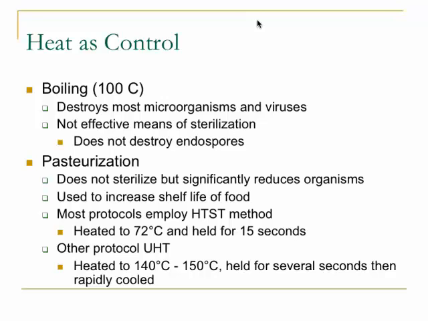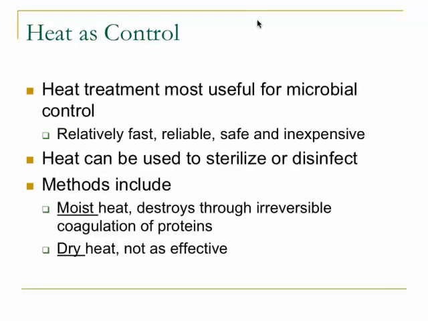There's high temperature short term, HTST, so a 15-second treatment at 72 degrees, or there's ultra high temperature, UHT, where it's way up around 150 degrees, but just for several seconds. So these are very short-term treatments, but very effective at reducing the microbes that would spoil the food and that would make us sick.